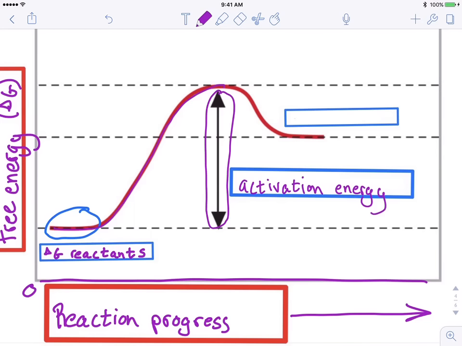And that goes right along with our y-axis, as the reaction, with our x-axis, our reaction progress, is going forward. The free energy in this reaction is increasing because remember, we have to put some of that energy in originally as the activation energy.